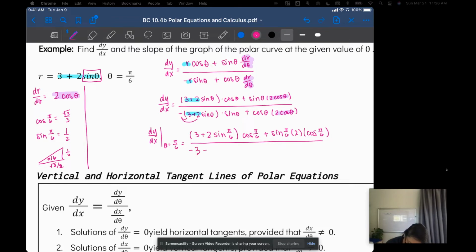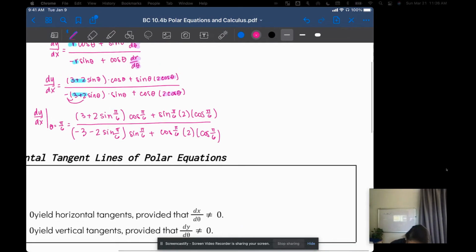So minus 2 times the sine of pi over 6 times sine of pi over 6 plus cosine of pi over 6 times 2 times the cosine of pi over 6. Okay, next, time to evaluate this.